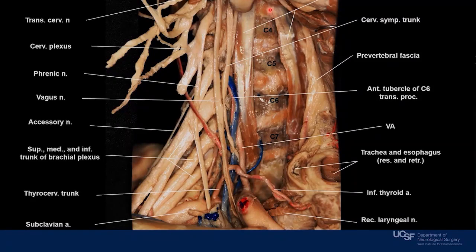The longus colli have been cut and also reflected. We see the esophagus and trachea, and also the recurrent laryngeal nerve, and the vertebral bodies and intervertebral discs of C4, C5 to C7, and even T1.